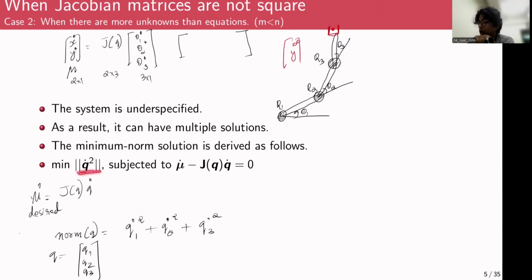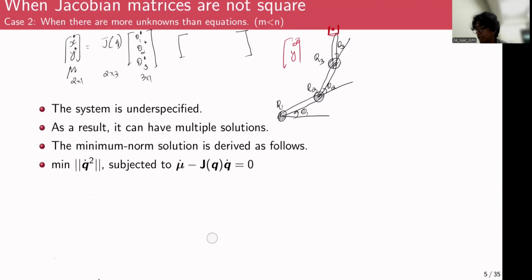So the minimum norm solution corresponds to the solution that requires the minimal energy. That is why we are going with this minimum norm solution out of all possible solutions. Now, let's see how to obtain this minimum norm solution from the data that we have.